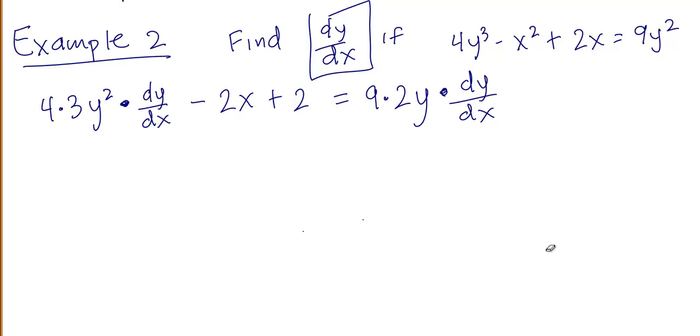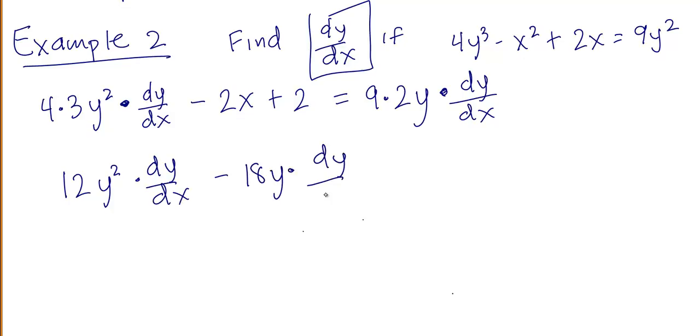Now we can go through and simplify. What we're going to want to do is move all the terms that have a dy/dx to the left side of the equation. So we're going to have 12y squared times dy/dx minus 18y times dy/dx equals 2x minus 2.